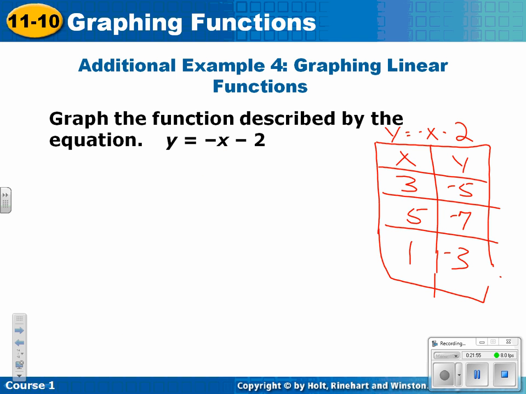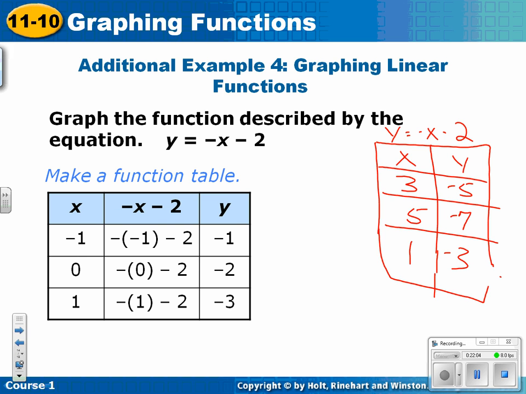Let's make sure it works. Make a function table, just like we just did. They decided to use -1, 0, and 1. That works. That's what the PowerPoint, that's what the book decided to do. We just chose different x numbers.